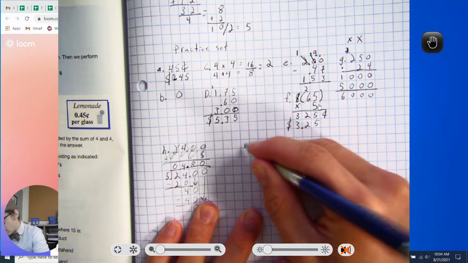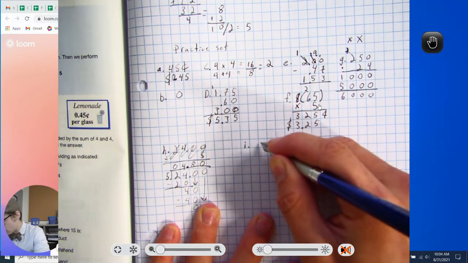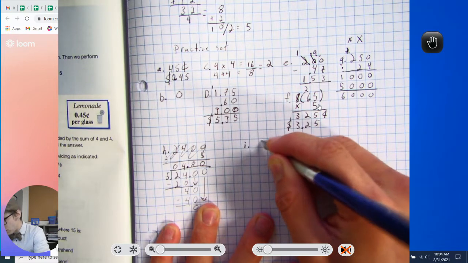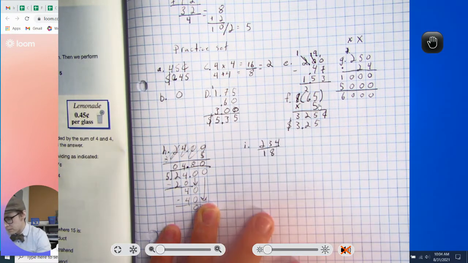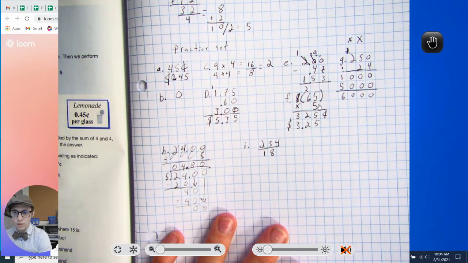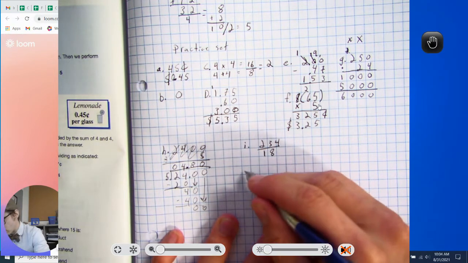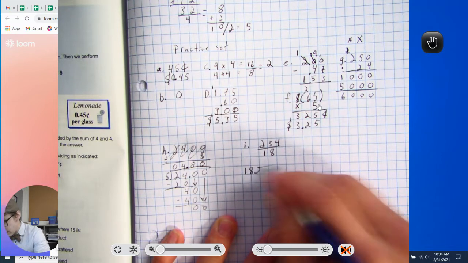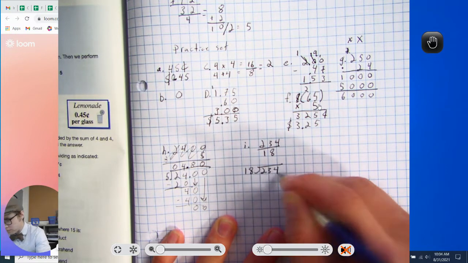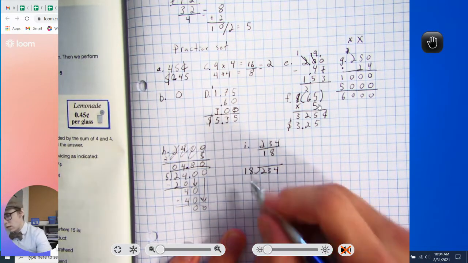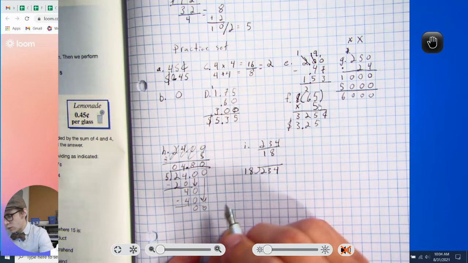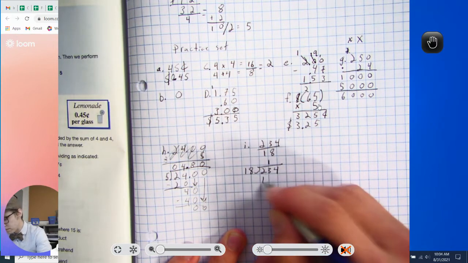Over here for I, we have 234 divided by 18. It's not a very easy one to write, so let's switch it over to 18 divided into 234. It's also a little difficult to manage, but I think we can do it. 18 goes into 23 one time.